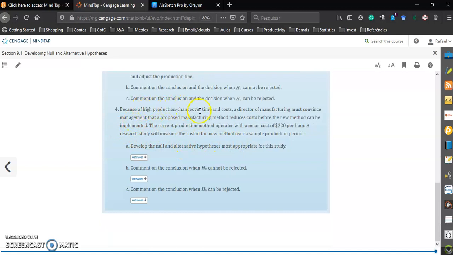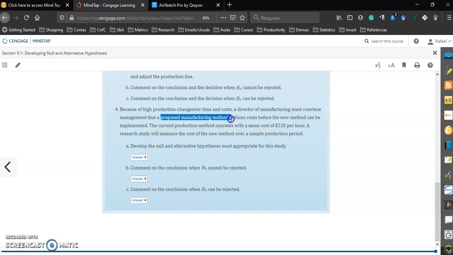Because of high production changeover time and cost, the director of manufacturing must convince management that the proposed manufacturing method reduces cost before the new method can be implemented. So you see, must convince management that the proposed manufacturing method, the proposed is not current, so that's something the director wants to prove, so that's the alternative hypothesis.